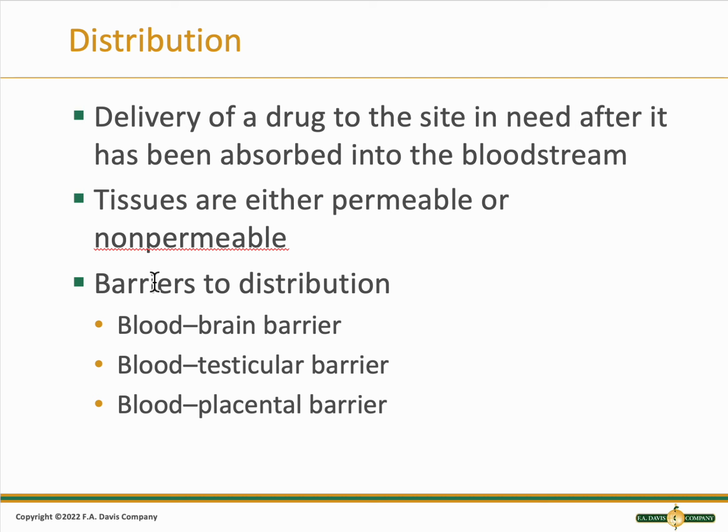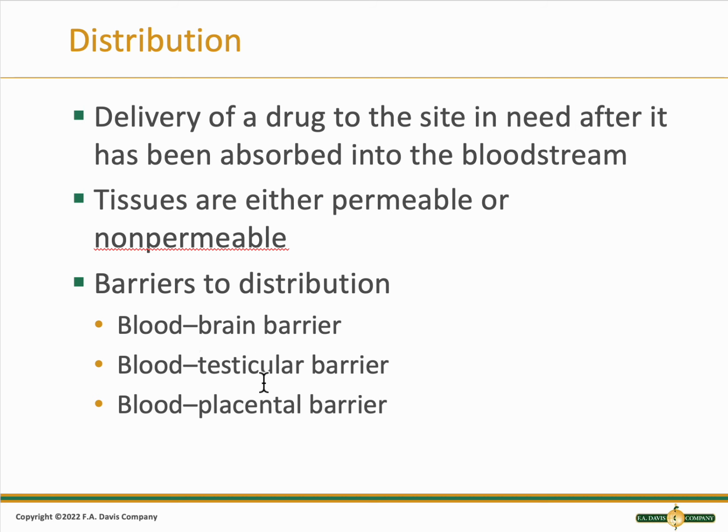And then barriers to distribution. We've talked about the blood-brain barrier. That's a very common one that we will continue to talk about. If you want a medication that gets through to the brain, it needs to be made specifically for that. Otherwise, other drugs are not going to make it across the blood-brain barrier, and if they do and they're not made for it, those will be side effects.